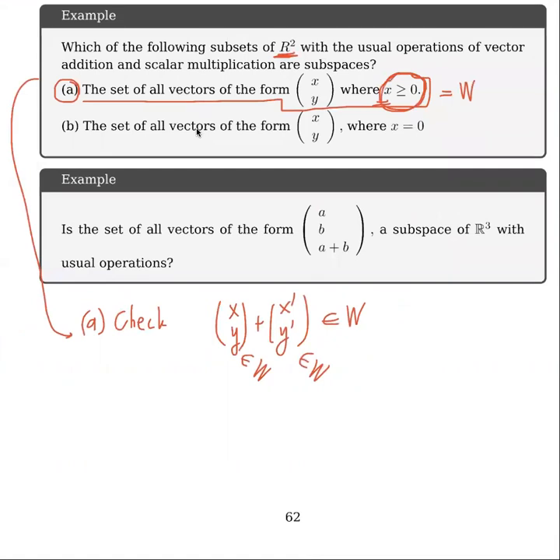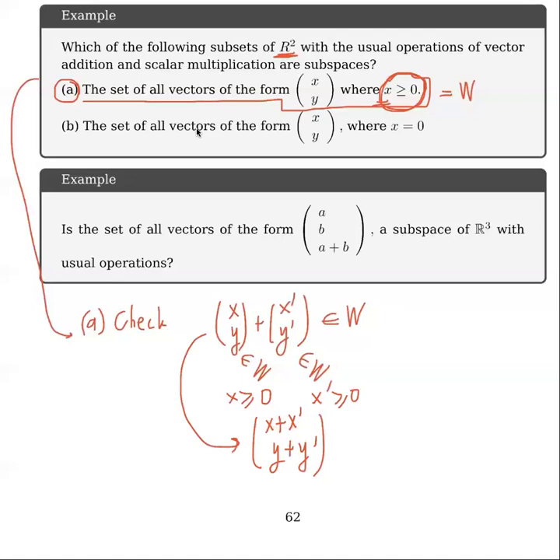So this means x is greater than or equal to 0 and x prime is greater than or equal to 0. So if I add them, you see their sum is what? Their sum is x plus x prime, y plus y prime. Okay, the second coordinate has no importance. What is important here is the first coordinate.